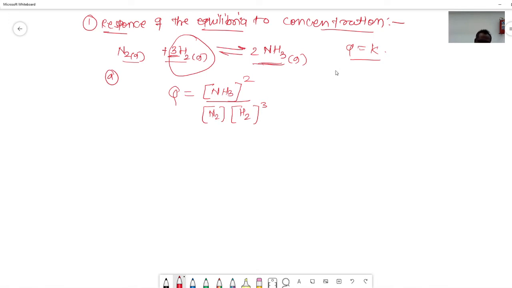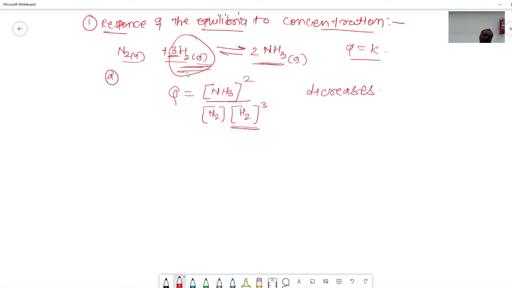When more H2 is added, hydrogen is added, right. If the hydrogen is added, then what will happen? The denominator increases, so the Q value decreases. Overall, the value of Q decreases.